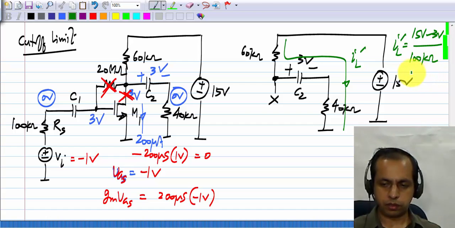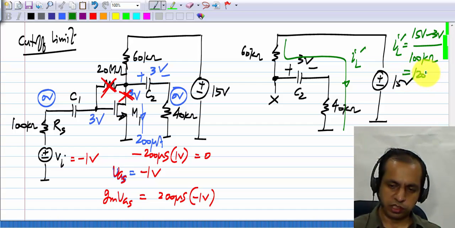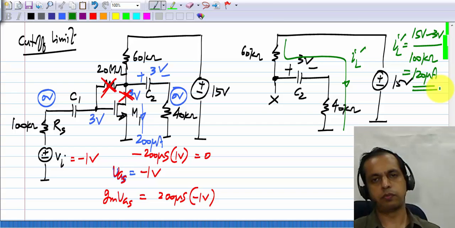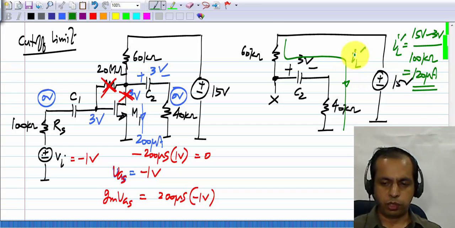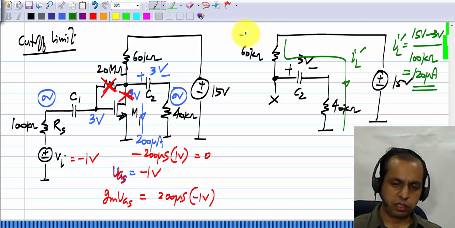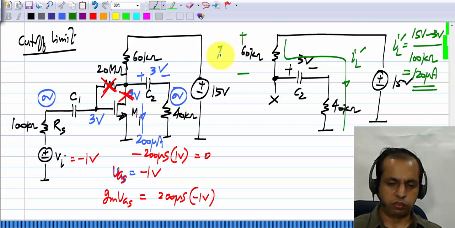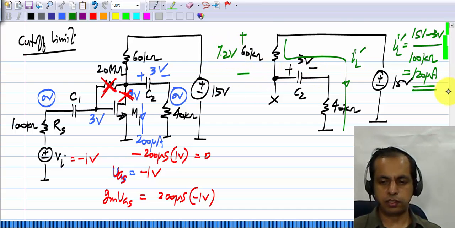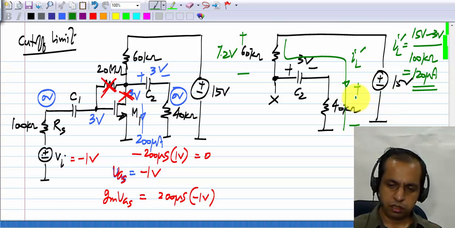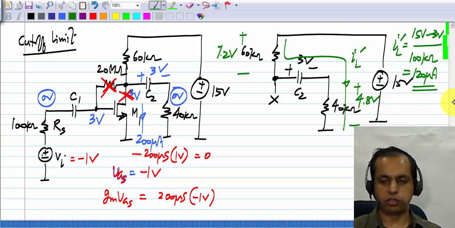Which is essentially 120 microamperes. Now when IL prime is 120 microamperes, you can easily calculate that you have 7.2 volts across this and 4.8 volts across the load.